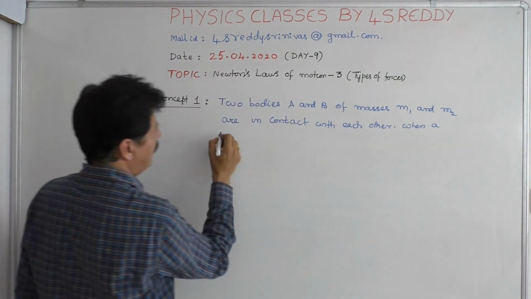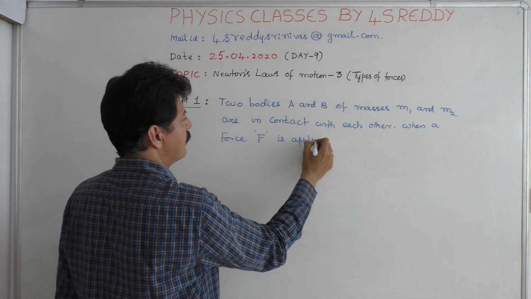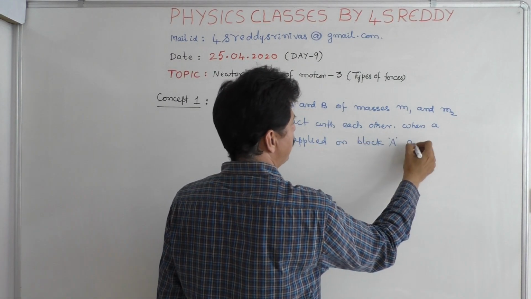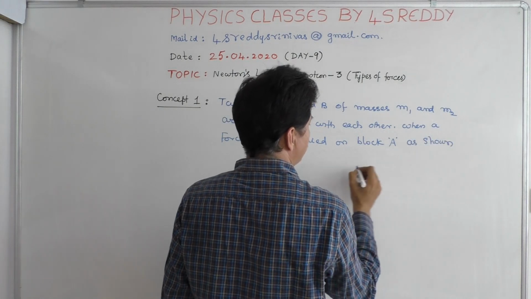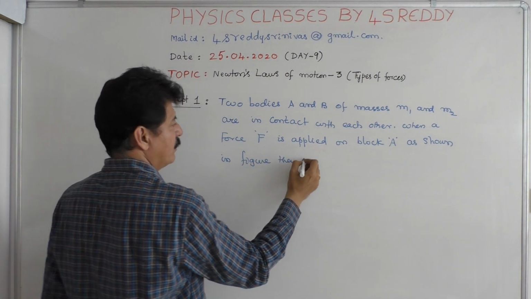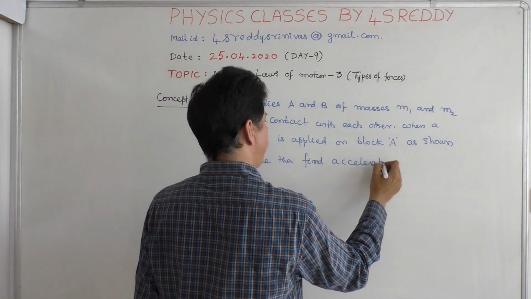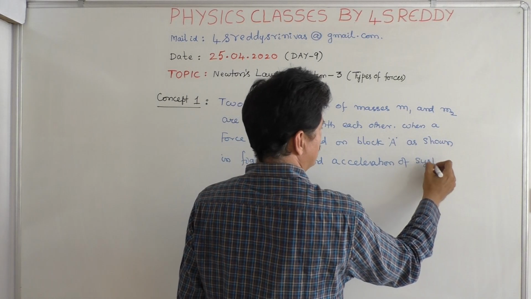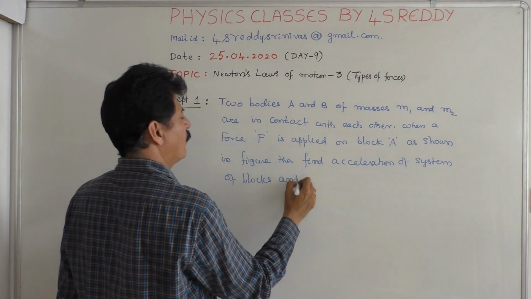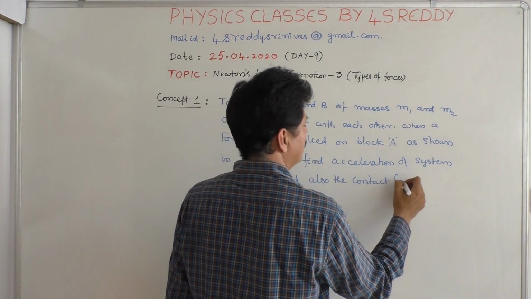When a force capital F is applied on block capital A as shown in the figure, then find the acceleration of the system of blocks and also the contact force between them.